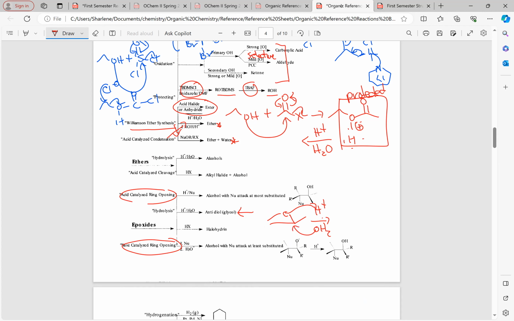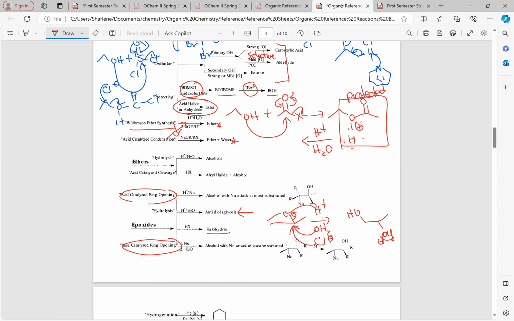That would go to the most stable spot, and you would be left with, okay, that one would be a diol. And it has to be anti because it came in from the backside. The only difference between that and the halohydrin is your competing nucleophile is a halogen. So instead of the water right there, it would be a halogen. And so you would put a chlorine in that spot instead of an alcohol. So that takes care of our epoxide reactions.